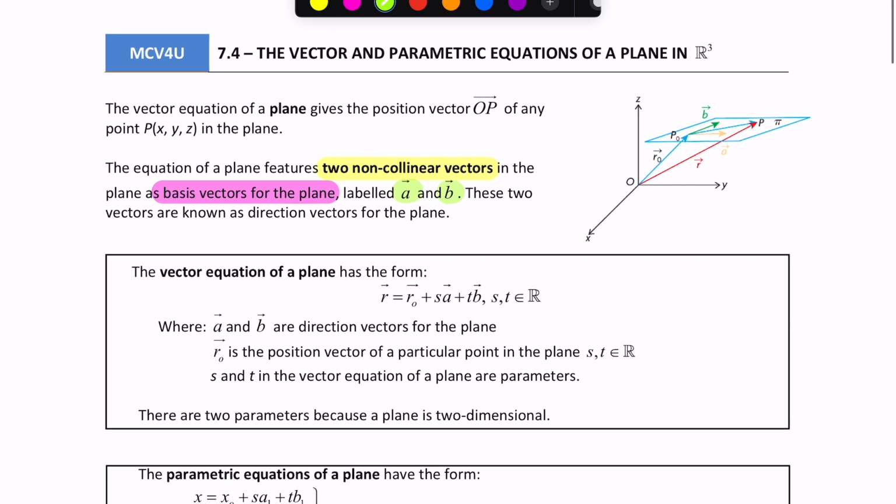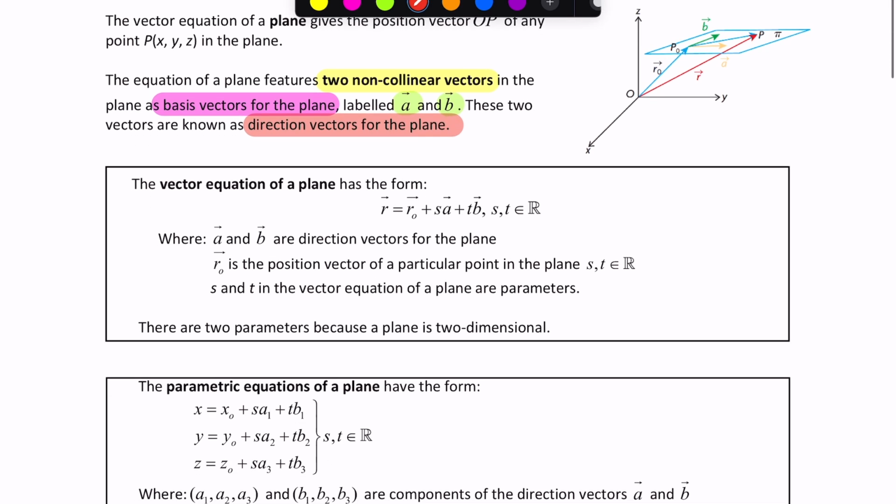These two vectors are known as direction vectors for the plane.